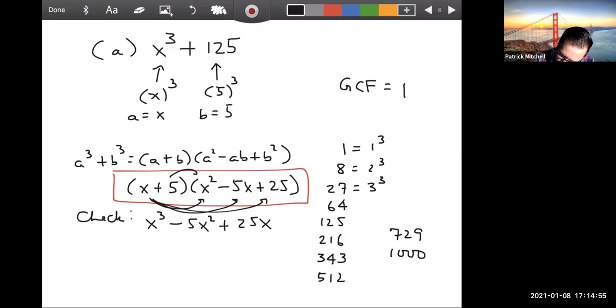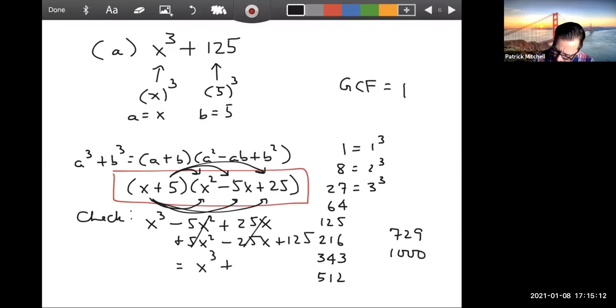And when I distribute the 5, I get 5x squared minus 25x plus 125. That cancels, that cancels. Woohoo! X cubed plus 125.